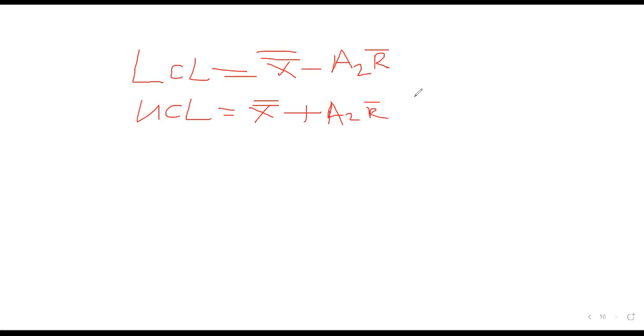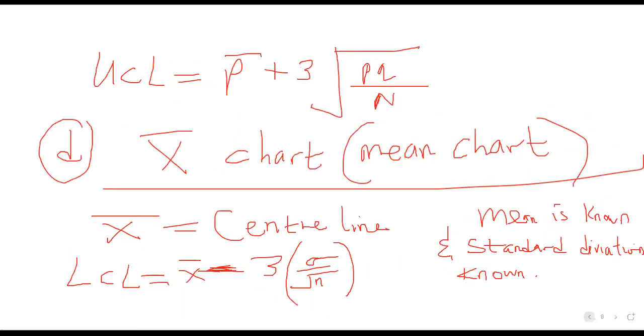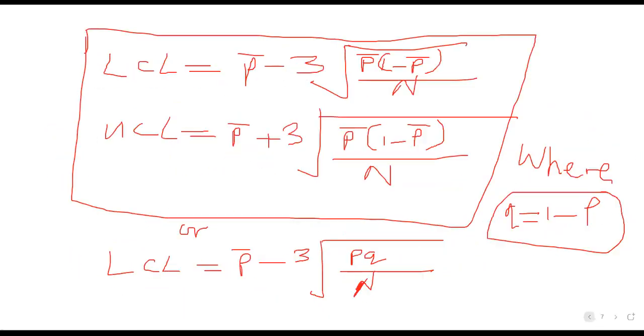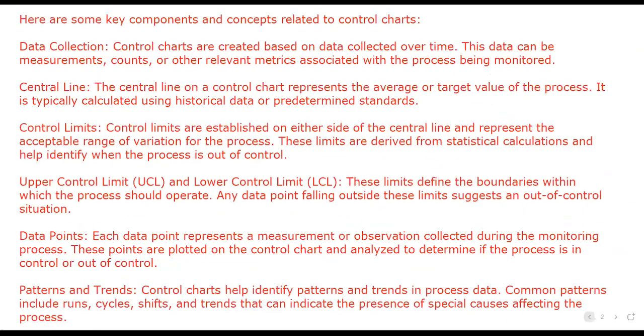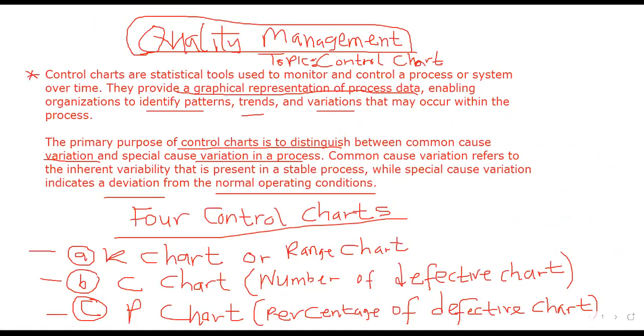All right then, so these are the 4 control charts that are there in quality control. Of course, the basics are here: why the control charts are important, and how the 4 control charts exist: the P chart, the R chart, the C chart, and the X bar chart.